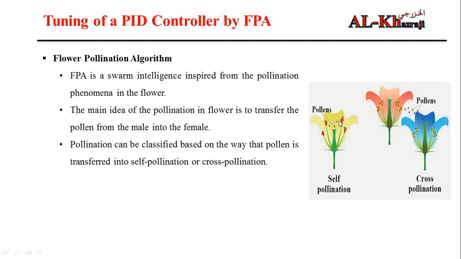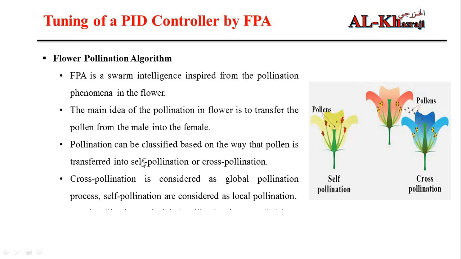Self-pollination is when the pollen falls down from the same flower, and cross-pollination is when the pollen is transferred from another flower, by wind or by insects, to another flower. So these are the two ways of pollination: the self, which happens within the same flower, and the cross, which involves two flowers.